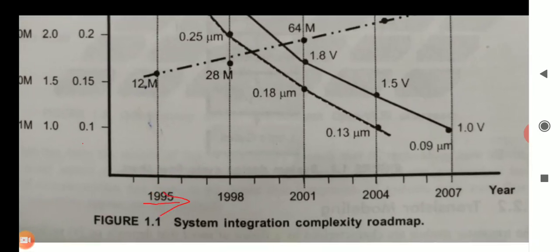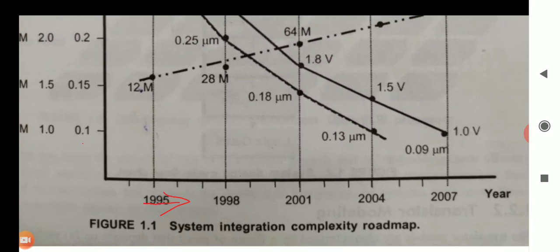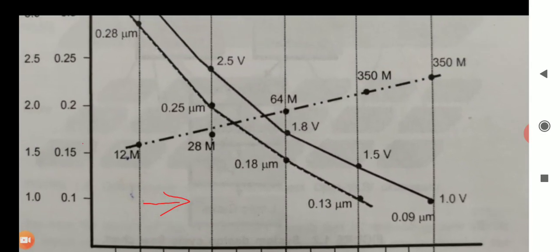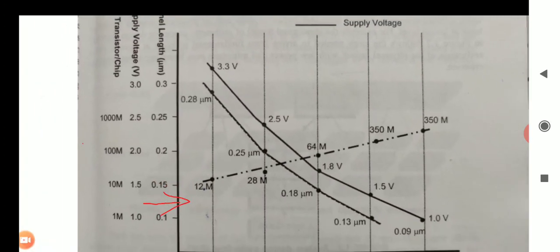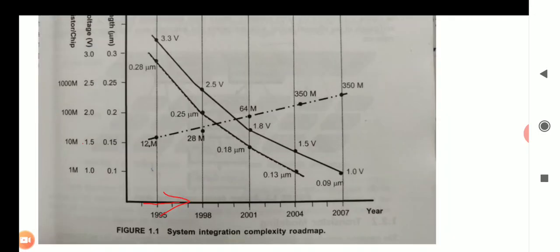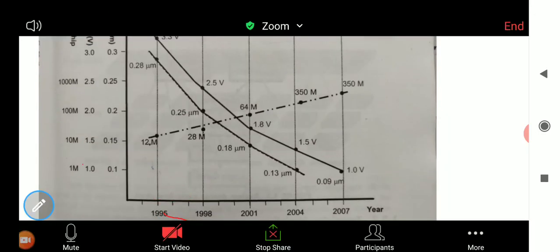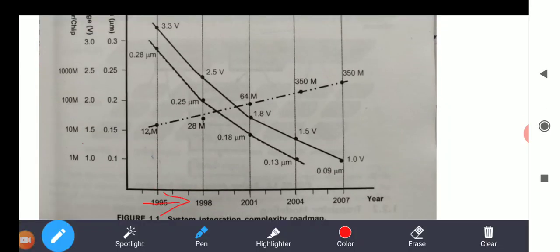Here from 1995 to 2007, if we see, supply voltage is reducing. Means in 1995, 3.3 volts was used, in 98, 2.5.